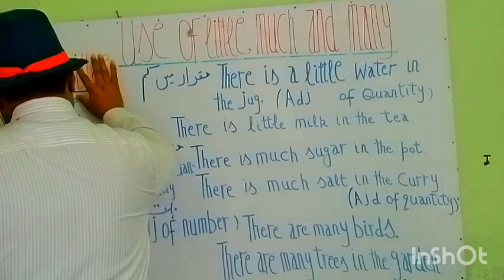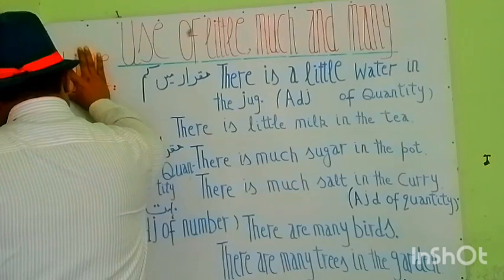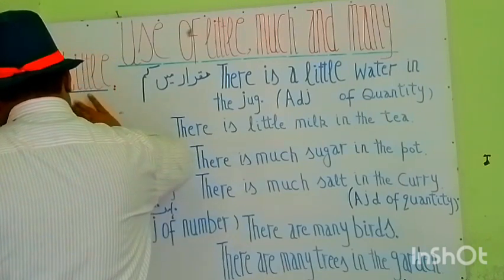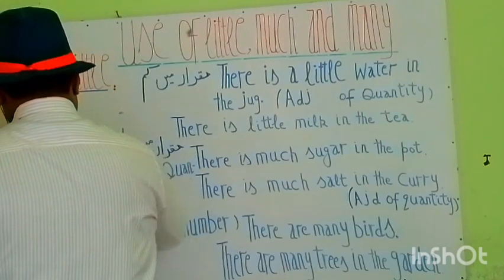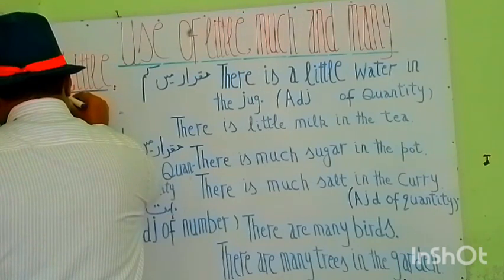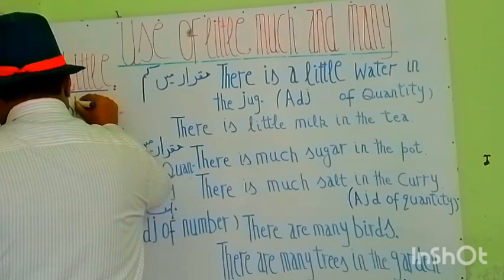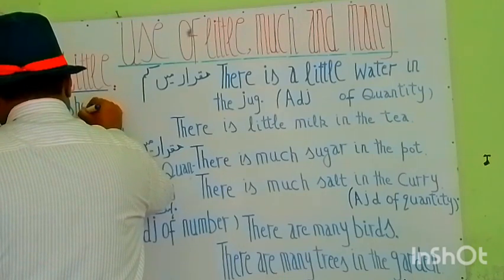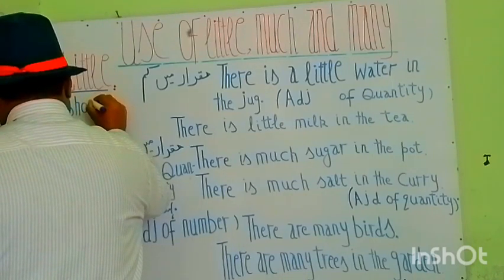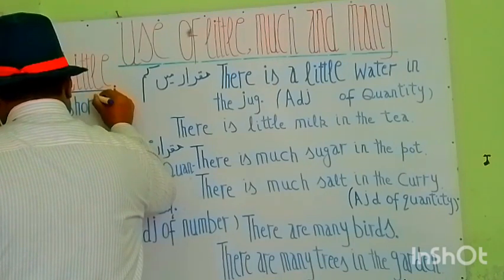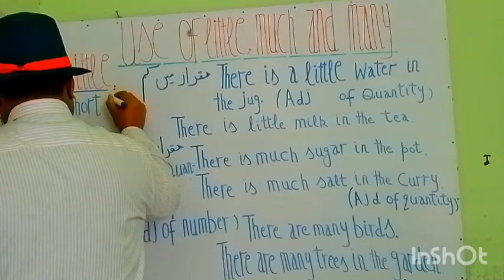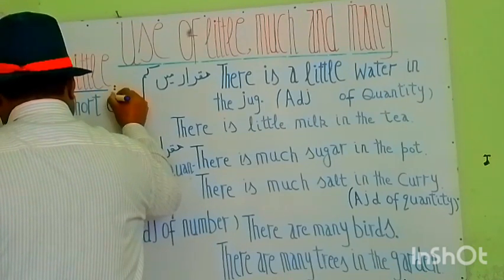Large and short quantity, in short quantity. Short is the better synonym of little. In short quantity, S-H-O-R-T. So little means in short quantity and much means in large quantity.